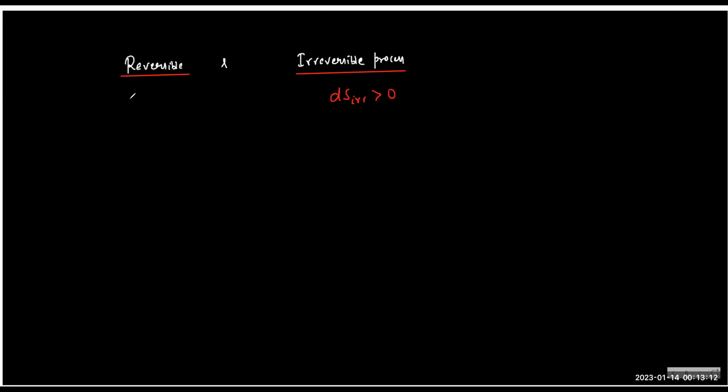In the reversible process, the change in entropy of the interacting system, I mean the system and the surrounding, is zero. Reversible will make sure that you're not going in one direction, because if something is reversible, it should go in both directions, isn't it?